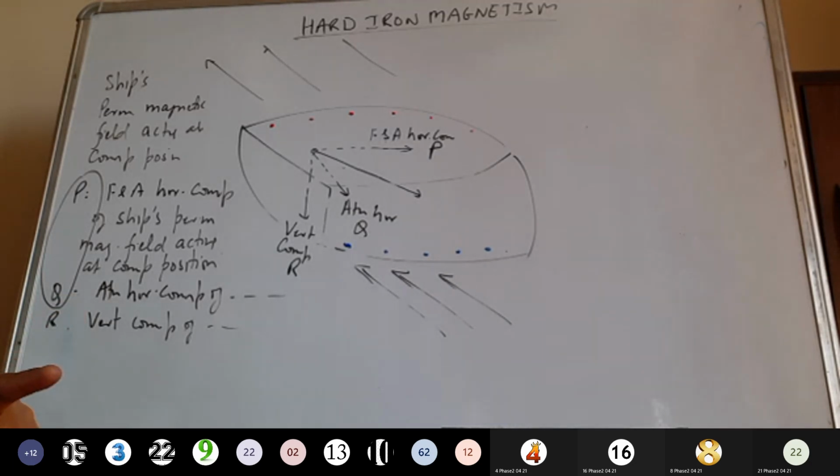That horizontal component again we divided into two components. One was the fore and aft and one was the athwartship. So the athwartship component of that horizontal component is called the force Q. Okay, sir.